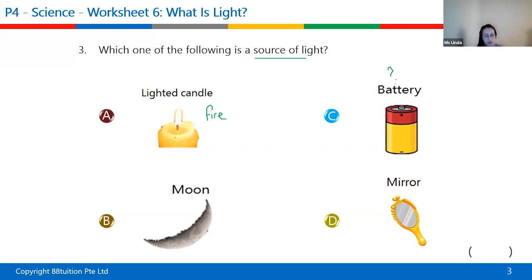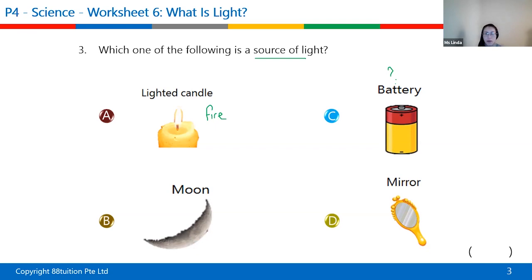Anyone want to explain? If I have a battery just like that, and I put it on the table, can I get light from the battery?